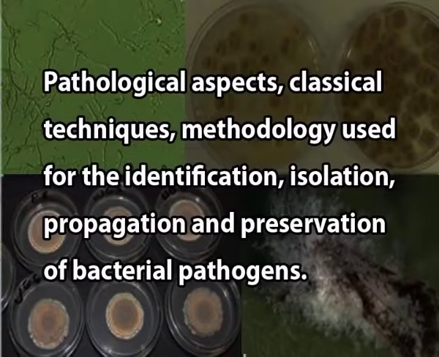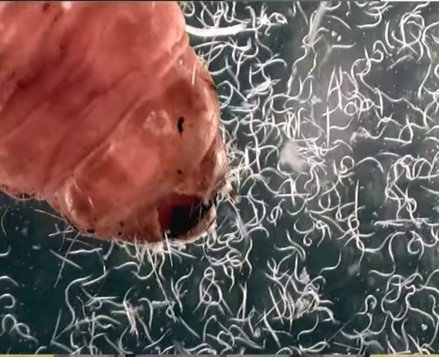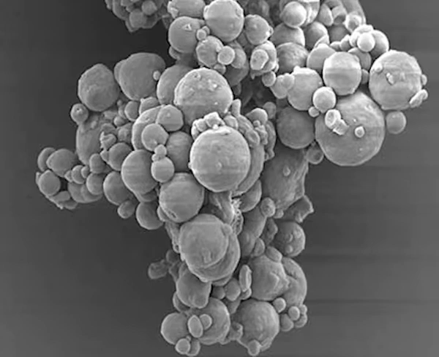However, in the present talk, a multidisciplinary approach has been made to cover the pathological aspects, classical techniques, and methodology used for the identification, isolation, propagation and preservation of bacterial pathogens. Concomitantly, the applied side of insect pathology covers the commercial development of bacterial, viral, fungal and nematode entomopathogens as microbial control agents.